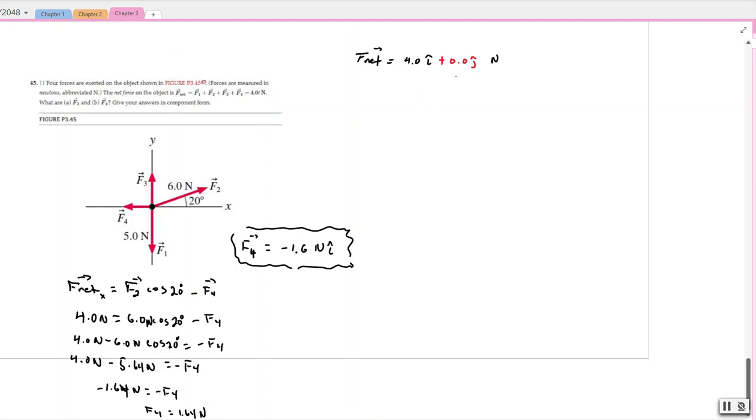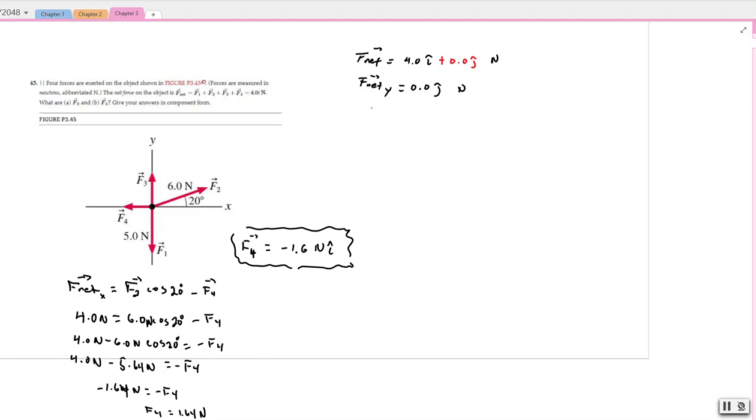So I know the component of the net force in the y-axis. This is the net force in y, and it would be 0.0 j in newtons.